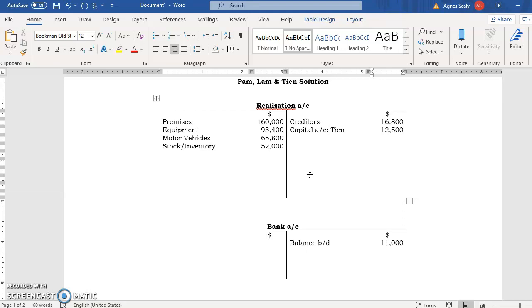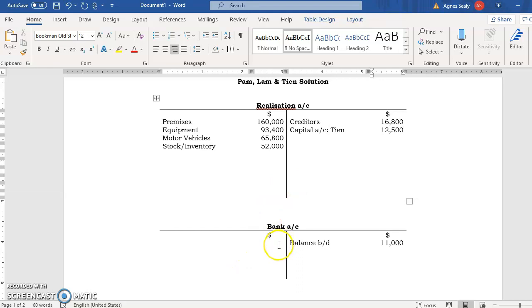The next one, you have to record the funds collected from receivables. So any money that the partnership collects from their credit customers, we have to record that. And how do we record the money collected from our credit customers? We record that by debiting the cash or bank account.